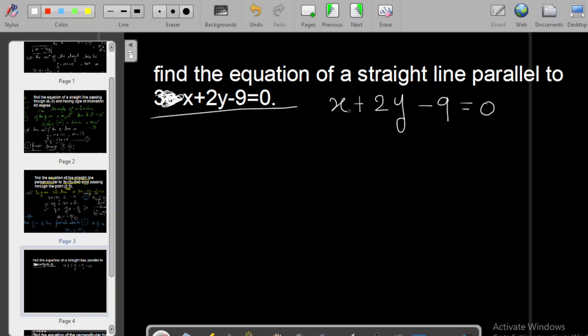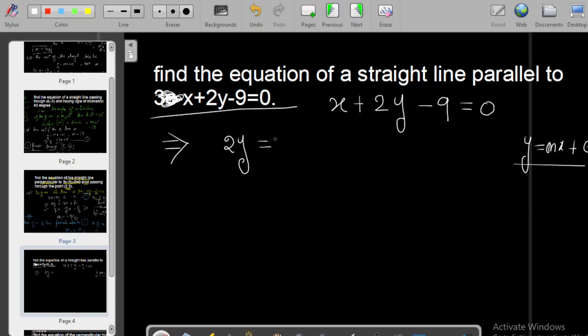Well, the straight line is x plus 2y minus 9 equals 0. We have to arrange this equation in the point slope form. So we'll keep the y related term to the left. What is the point slope form, by the way? It is y equals mx plus c. That is the point slope form of a straight line. We are arranging it.